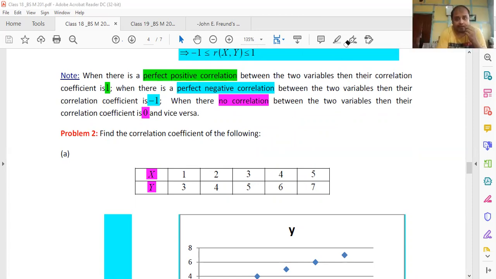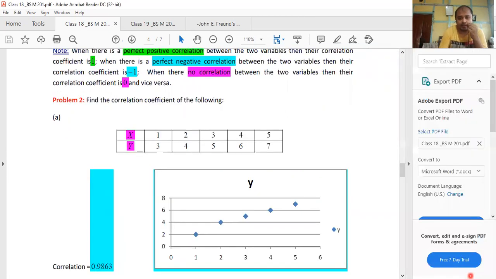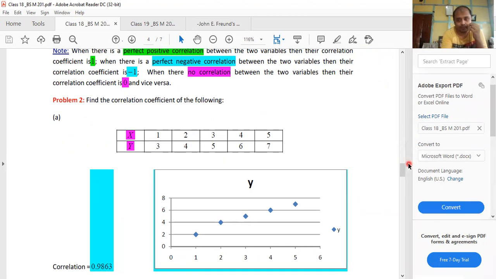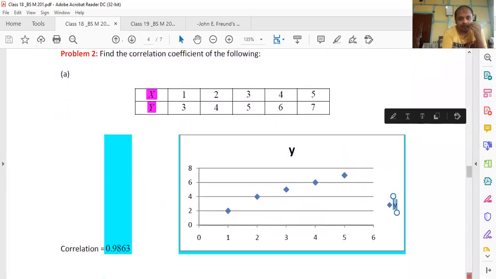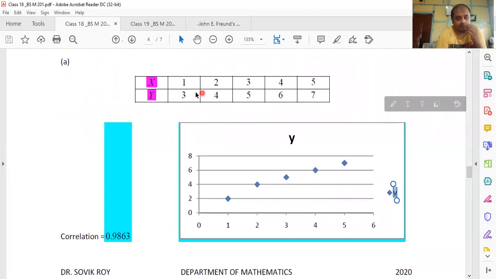Now, let us consider this particular example. I have set several examples over here. Carefully observe the two variables, and their values are given as follows.